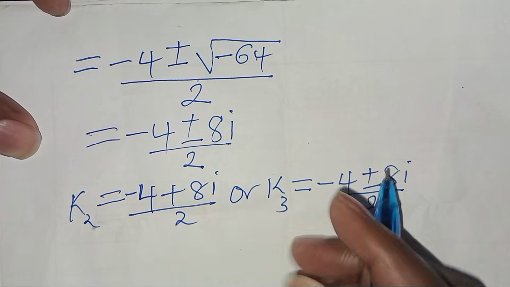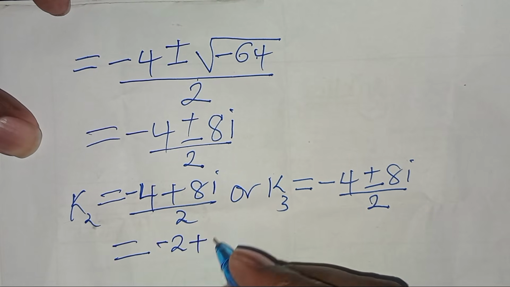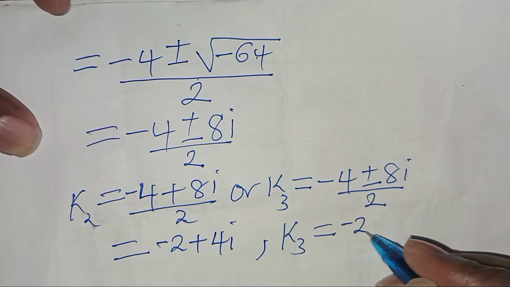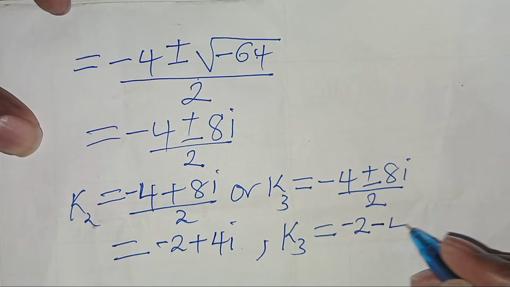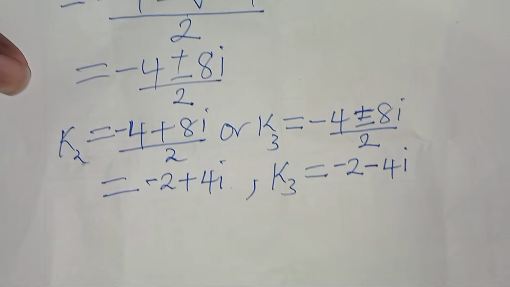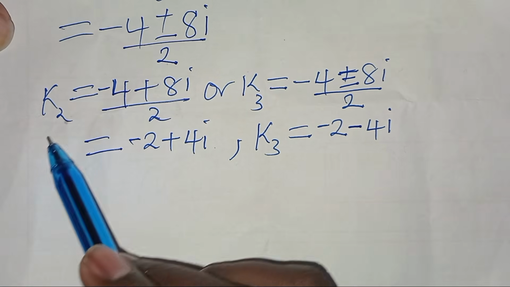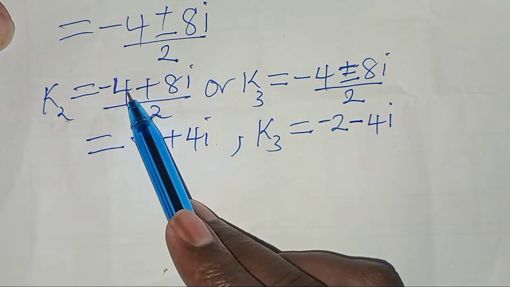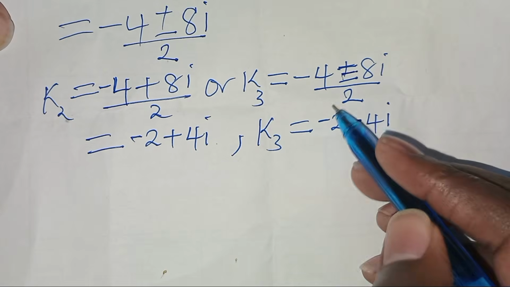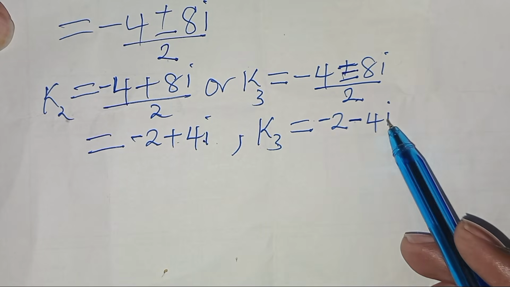Now, if you simplify, k2 is negative 2 plus 4i, and k3 is negative 2 subtract 4i.